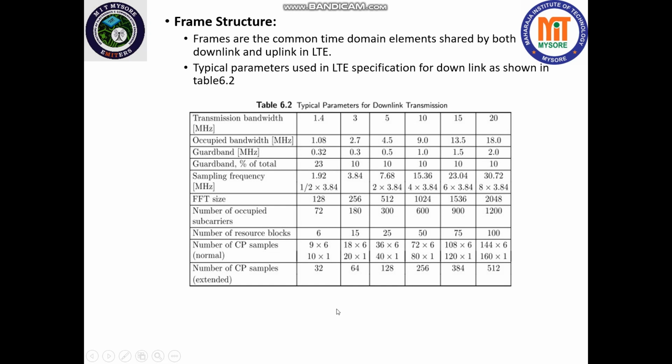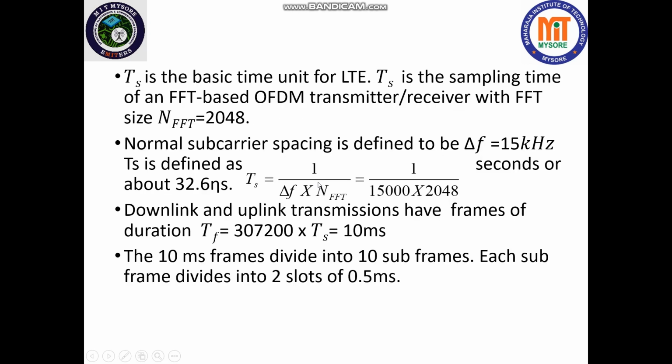Now, how are these values, this sampling frequency and all, calculated? Ts is the basic time unit for LTE, the sampling time. For an FFT based OFDM transmitter and receiver with FFT size equal to 2048, that is the maximum, the normal subcarrier spacing is defined as delta f equal to 15 kilohertz.